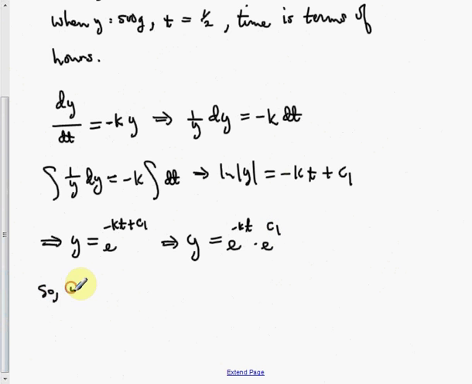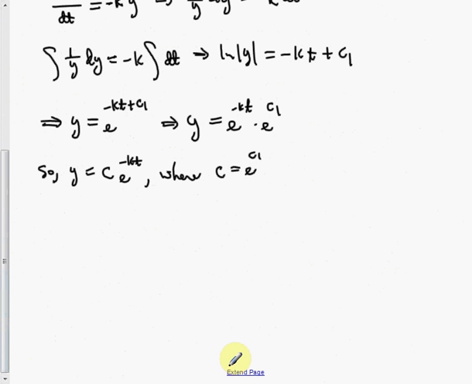And so y is equal to some constant c times e to the negative kt, where capital C is equal to e to the c sub 1. So this is the formula that we need: y is equal to c times e to the negative kt.